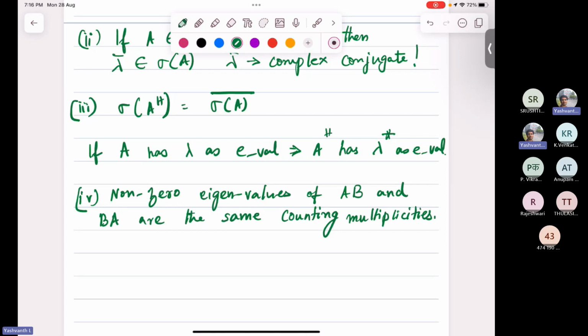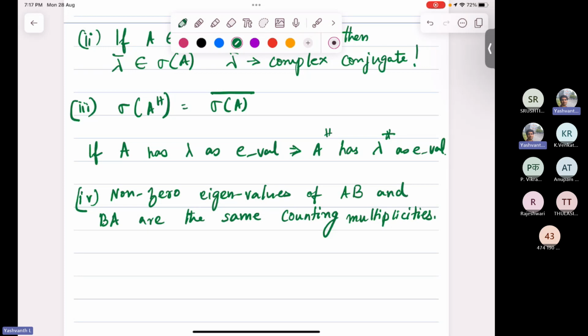What does it mean? Suppose I have a matrix A and a matrix B, and I take the product AB. Let's say C is equal to AB. Then I will have some eigenvalues for the matrix C. Now suppose I form the matrix B times A, and call that matrix D. In general, we know that AB is not equal to BA, that is, matrix multiplication does not follow the commutative property.